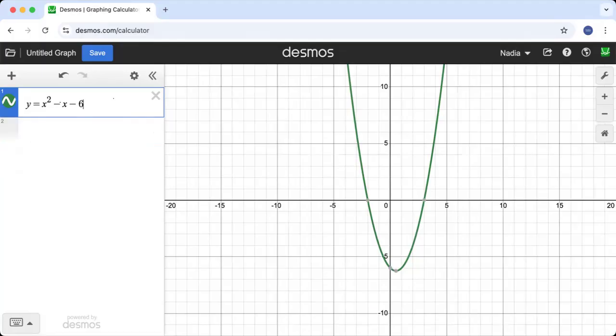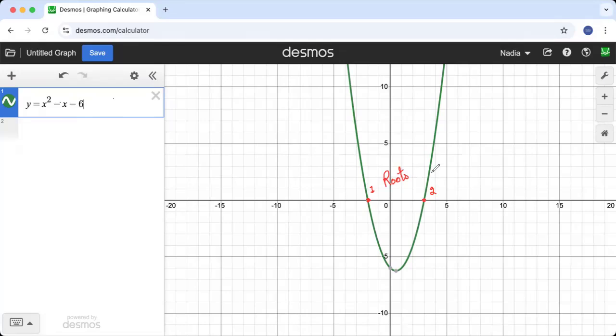Then in this parabola, there are four more important points. Number one, you can see the points where the parabola is crossing the x-axis. Here there are 2 points, point number 1 and point number 2. These two x values where the parabola crosses the x-axis are known as the roots of the parabola.